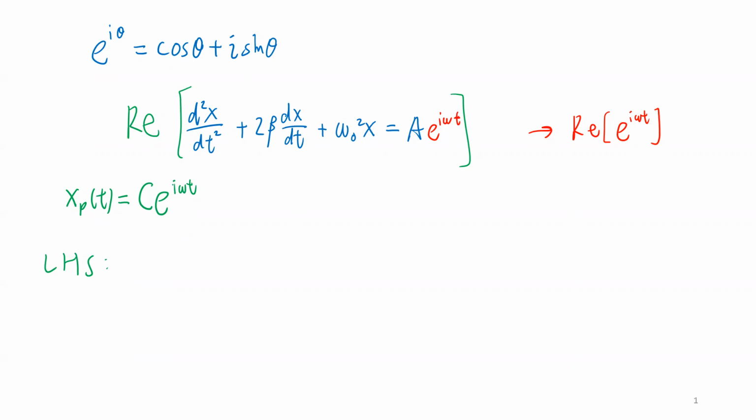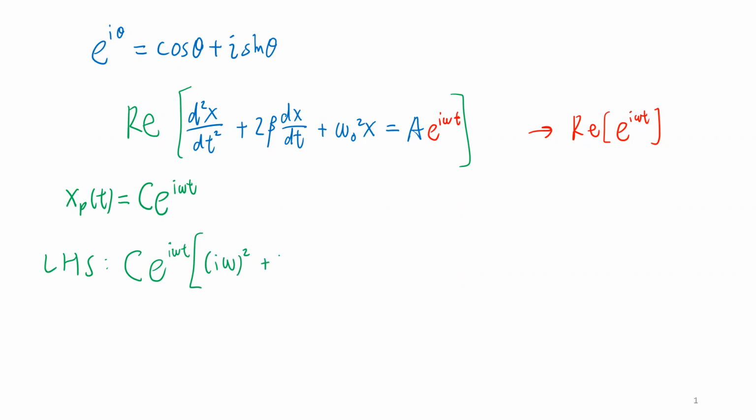Because whenever you take this derivative for this exponential function, you just pull out this factor of i omega. So you realize that you always have this common factor C, and you always have this common factor e^(i omega t). If you take the second order derivative, basically what you have is i omega times i omega.